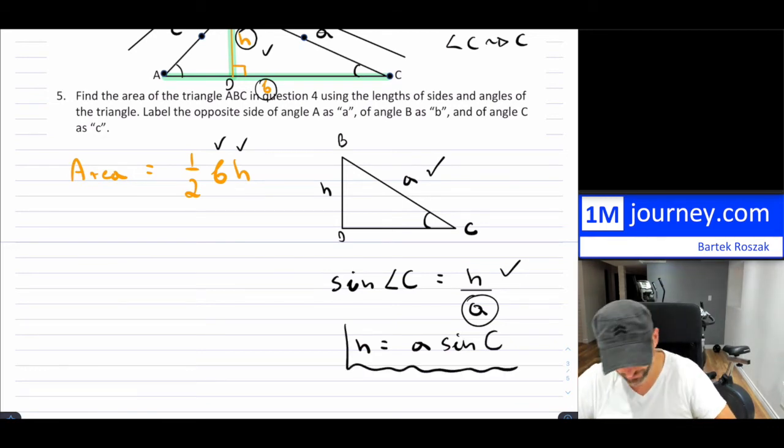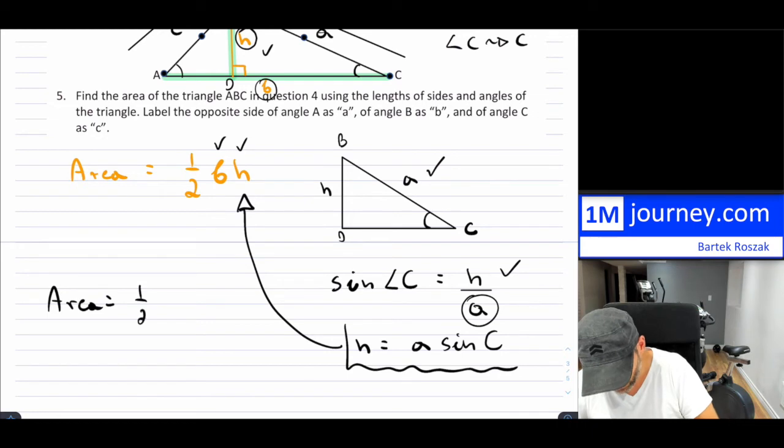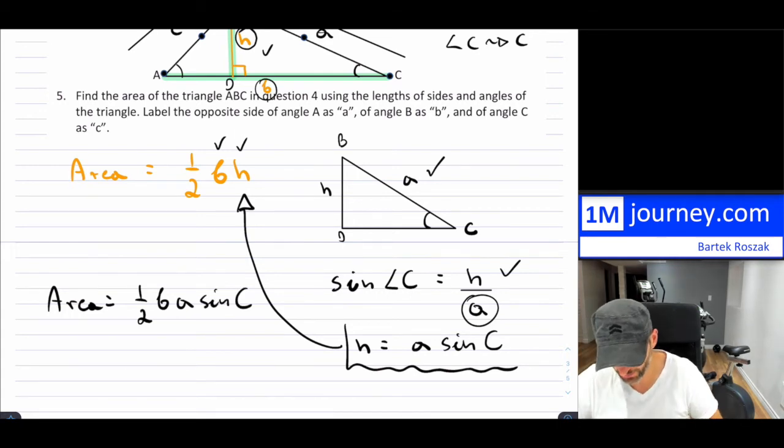And now I can substitute it in here, and I will find that my area is simply 1/2 base times A times sine of the angle C.